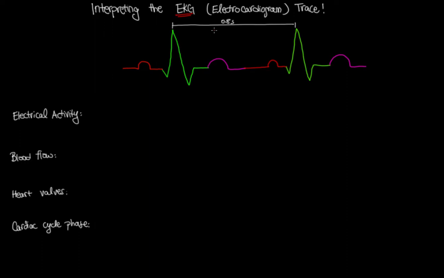And so this video today is going to help you interpret the different components and deflections in this electrocardiogram trace. So when you look at a typical trace, you're going to notice three principal deflections.